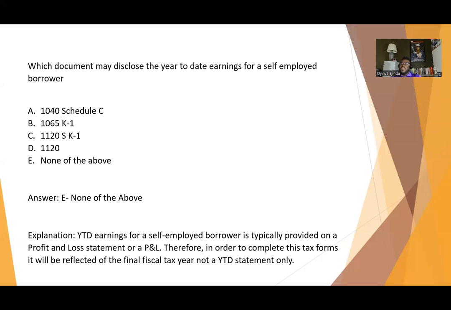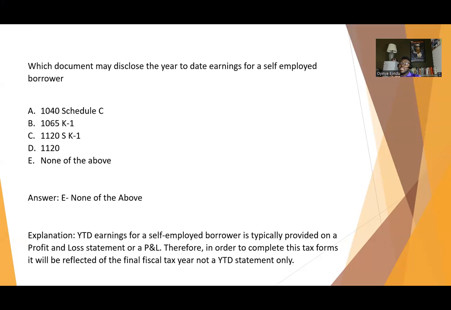So, for example, if we're in October of 2022 and we need a year-to-date statement, say from January 1st, 2022 to October of 2022, we are unable to find any of that information because these tax forms are filed for the entire fiscal year. So what happened from January 1st of that year to December 31st is what will be shown on the tax return.